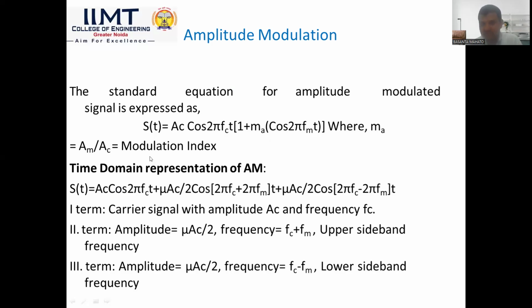If we remove this, our modulated signal is not much affected. So before transmission, if we suppress this signal, it will not affect our signal, and also the efficiency gets increased.